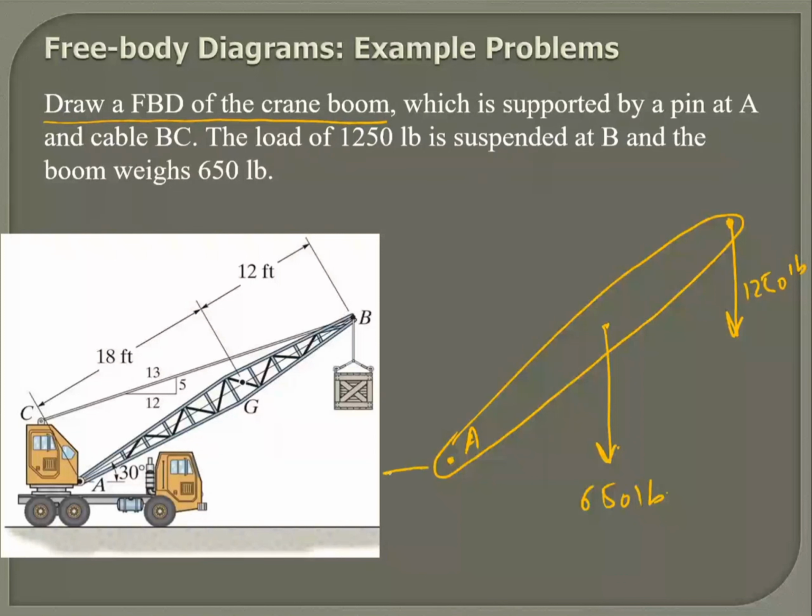So I will have a reactive force at point A. Now there's also a cable attached to point B. It's a cable, so I know the reactive force will be in this direction. That's where you use your common sense. You cannot get the direction wrong for this one.